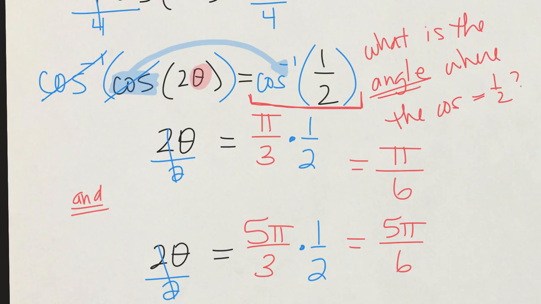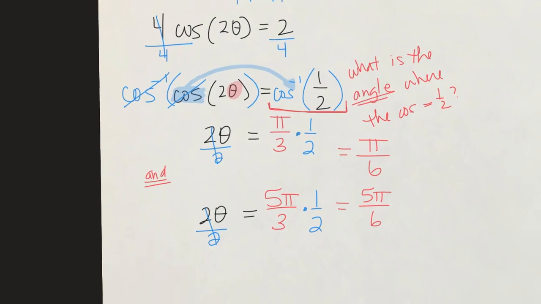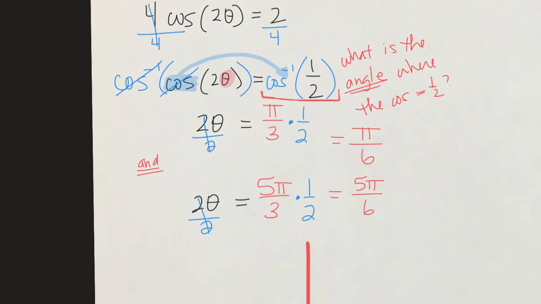5 pi over 6. Okay, now here is the special part. If we look at where these angles are, pi over 6 is in the first quadrant. Okay, 30 degrees. 5 pi over 6 is in the second quadrant.